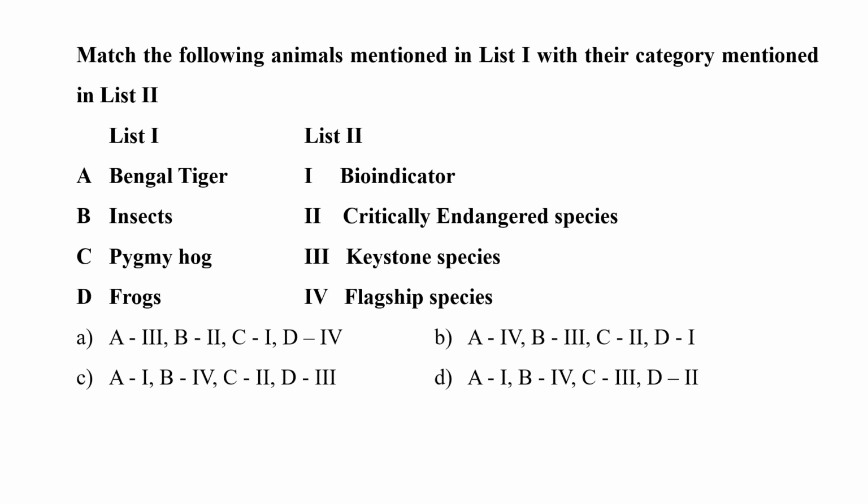The next question is, match the following animals mentioned in list 1 with the category mentioned in list 2. The panda, tiger, and elephants of the world are considered flagship species because they can bring in support for large conservation and biodiversity projects. The Bengal tiger is a flagship species of conservation worldwide and is critically endangered due to habitat loss and poaching.